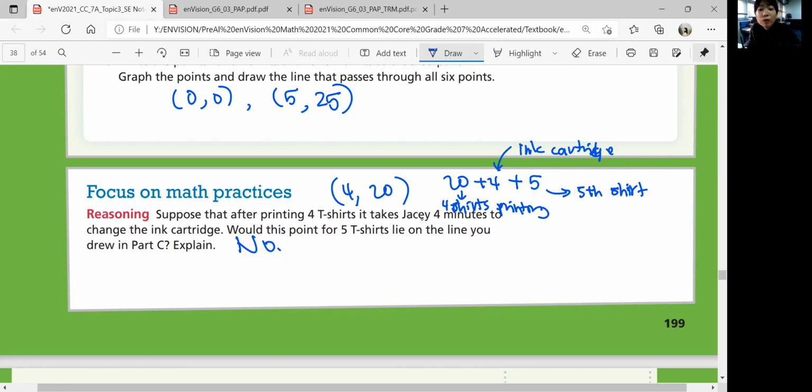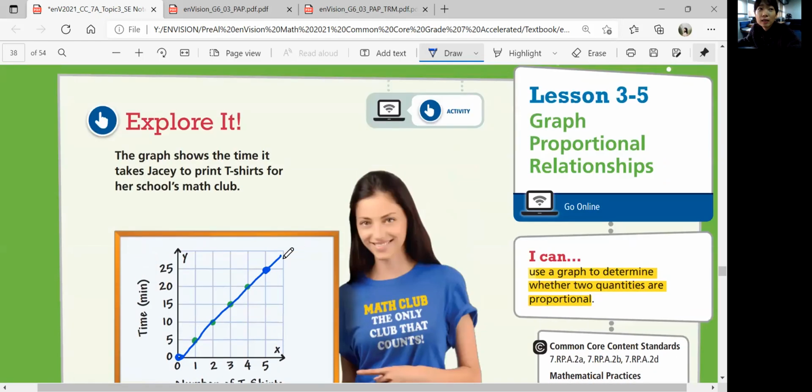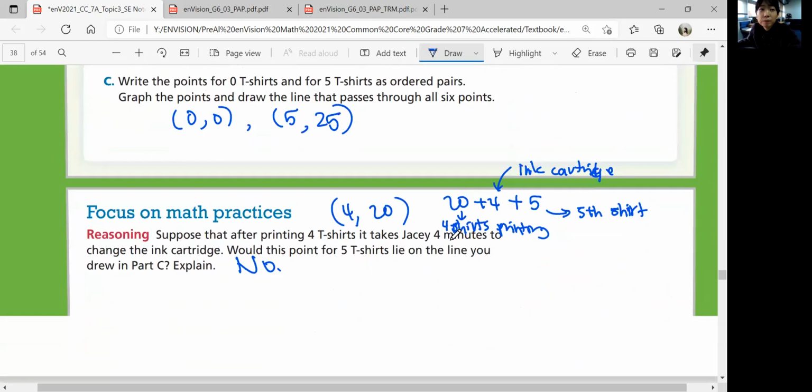So no, it's not going to be on the same straight line. You have 5, 29 instead of 25. So after the 4th one, you need to add 4 minutes for the ink cartridge, and then it takes 5 more minutes to print the 5th one. So you actually have 5, 29 instead of 5, 25, right? Yeah, so it's going to be a different line after that.